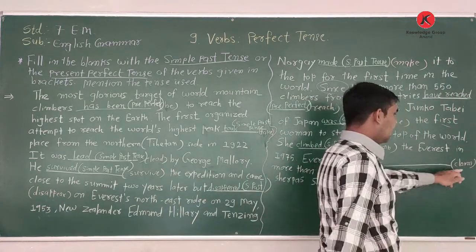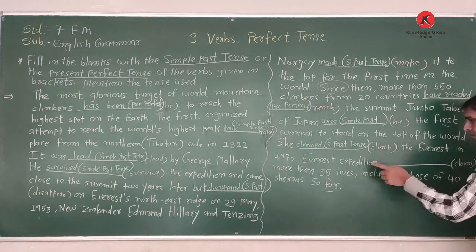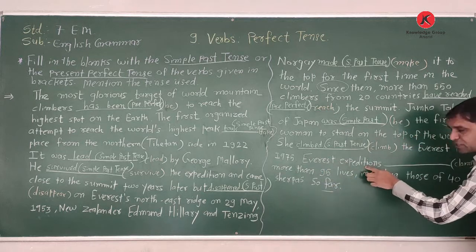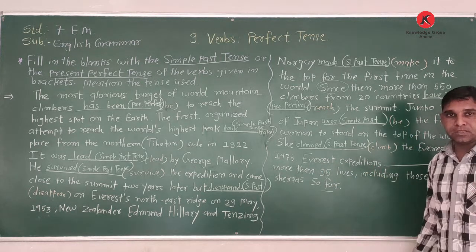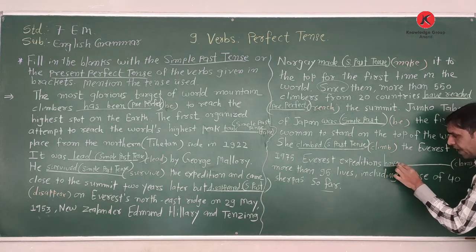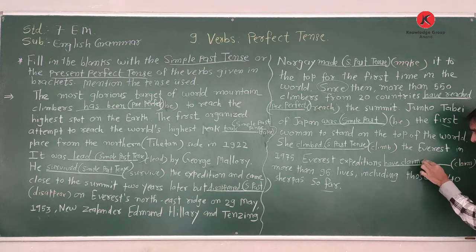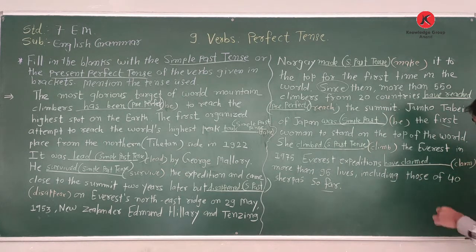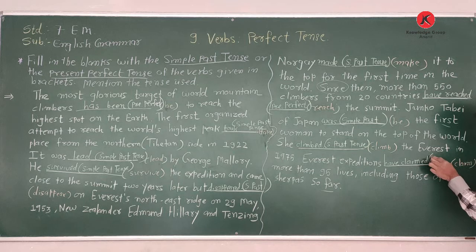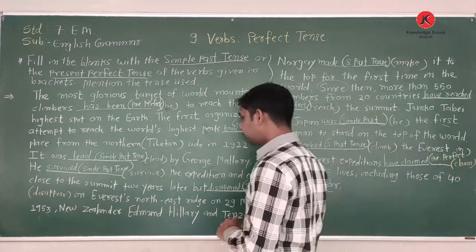Here the given word is claim. Expeditions means plural, a plural noun, so we write have, then claim is given, so write claimed. Which tense is mentioned? Present perfect tense.